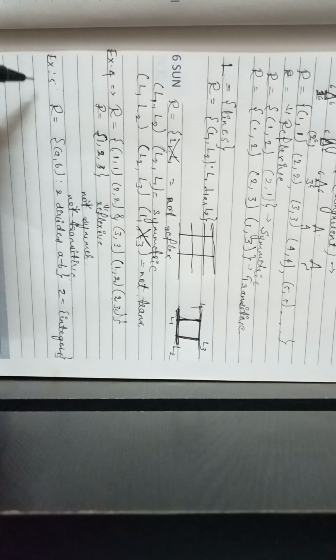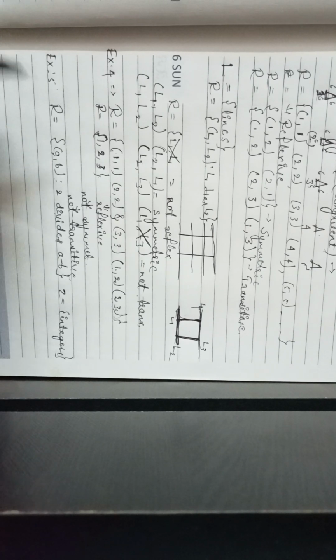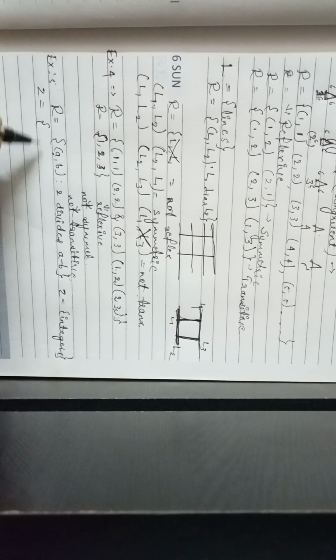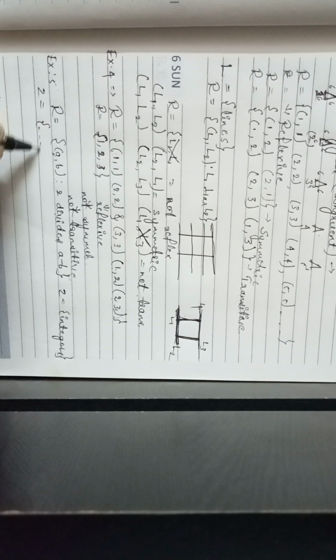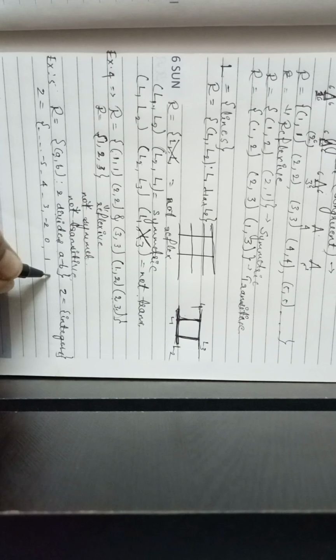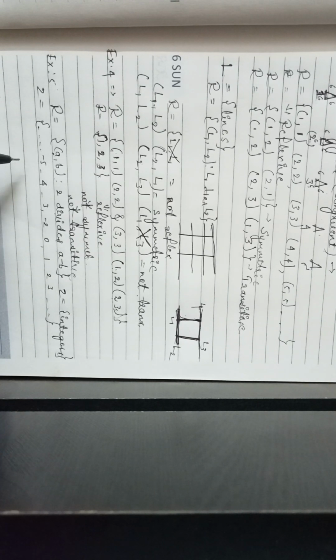So when defining the relation, you can see R is equal to A comma B and 2 divides A minus B. Integers you can write as minus 5, minus 4, minus 3, minus 2, 0, and plus 1, plus 2, plus 3, and so on. So this will be the set of integers.